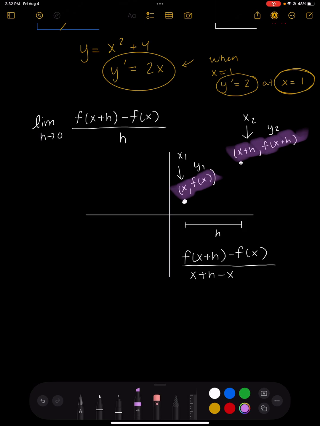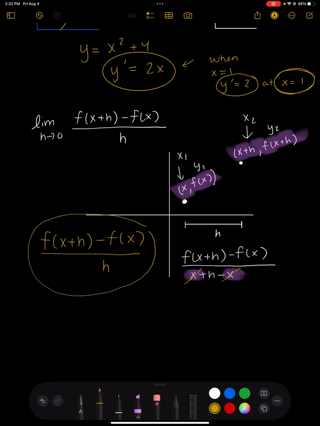And then of course, you're going to see down here, these x's are going to cancel out, and then you're left with f of x plus h minus f of x over h. And this, of course, if you were thinking theoretically, would find the secant line between these 2 points. That's what that would do in particular.